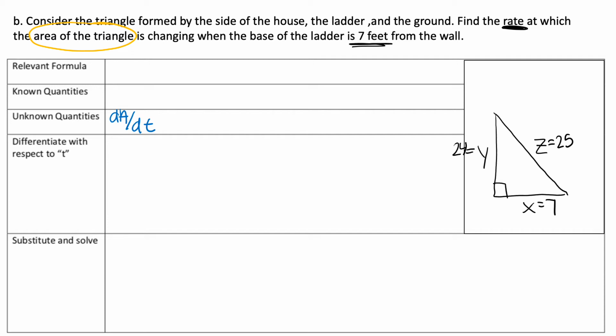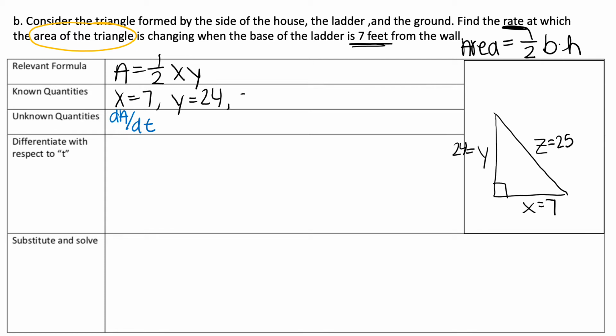Luckily, we have a right triangle, and we know the area of a triangle is equal to 1/2 the base times the height, where here our base is x and our height is y, so we have area equals 1/2 xy. And then I'm just going to list everything we know. So we know all three of our side lengths. We know x equals 7, y equals 24, and z equals 25.